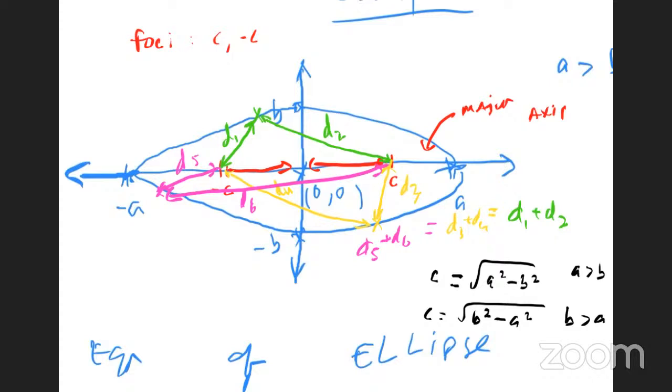Write down how to find C. Write down how to find C because we need C there, right?